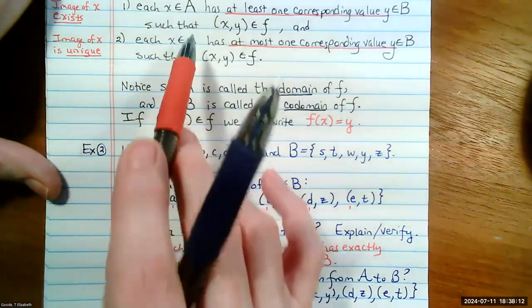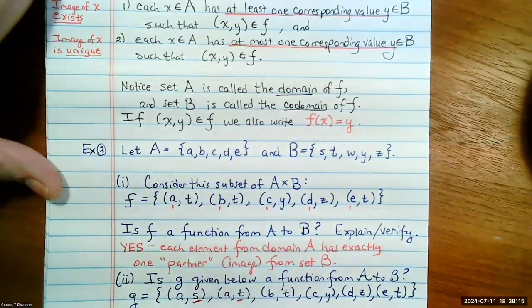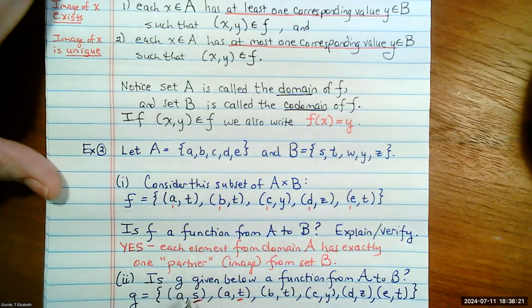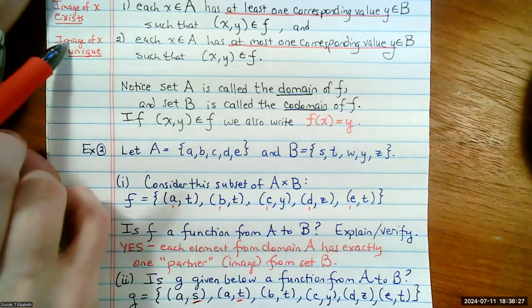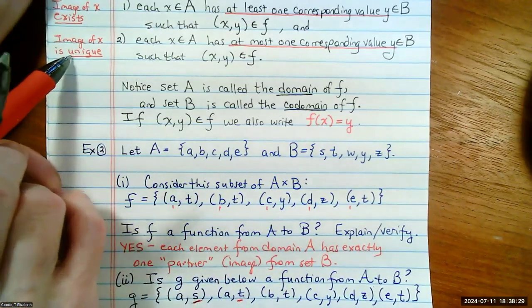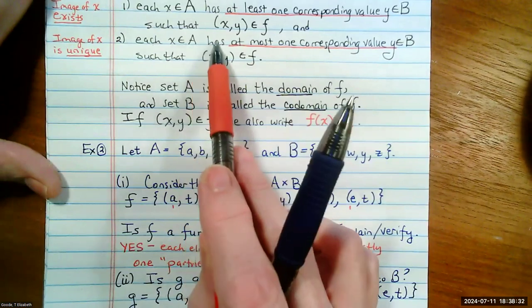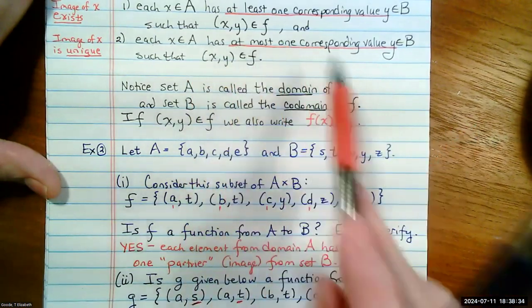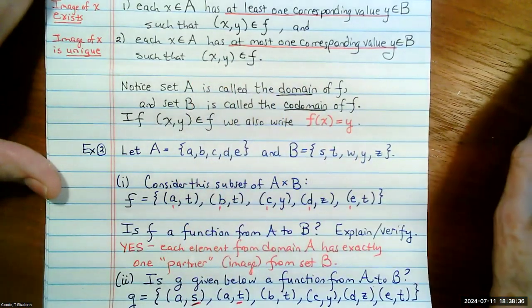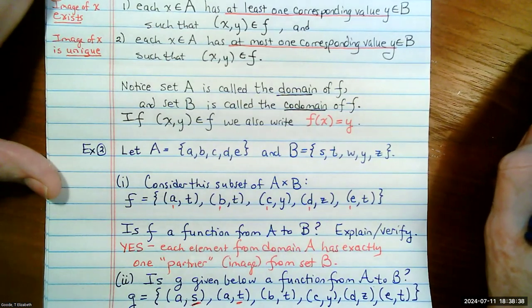It doesn't say each y can only have one partner. But it is not a function for what you said first, Hans, and that is a is paired up with s, but a is also paired up with t. And that breaks the uniqueness clause in the definition of a function. Each x in A has at most one partner.